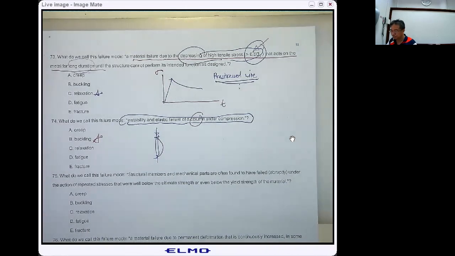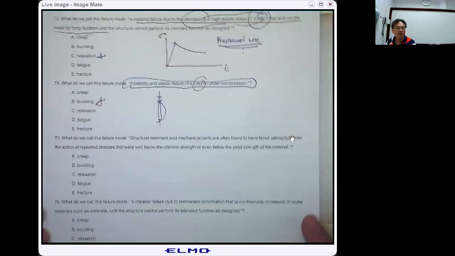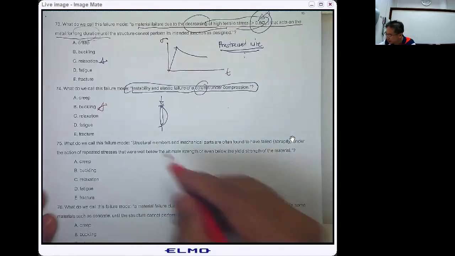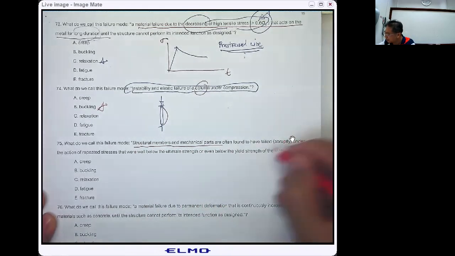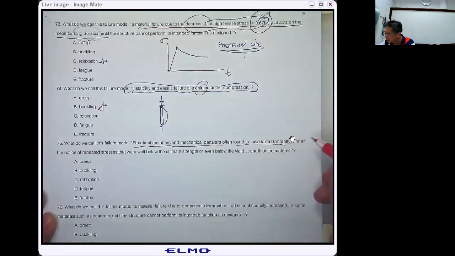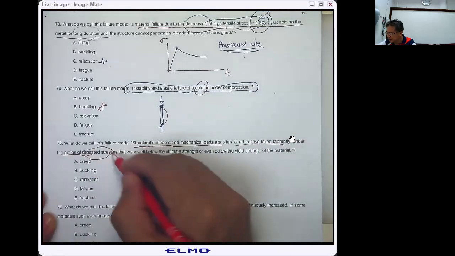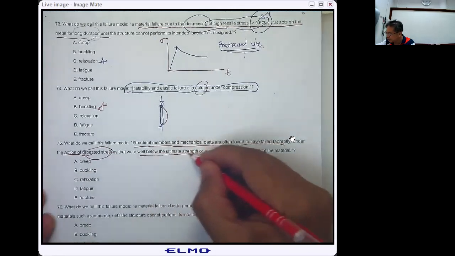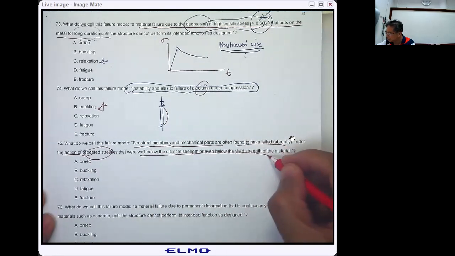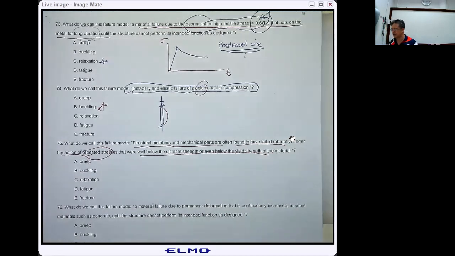And then 75. What is called the mode of failure for structural members and metal parts that fail abruptly under the action of repeated stress? We have this one in laboratory 13, right? It is subjected to repeated stress that's less than the yielding stress.